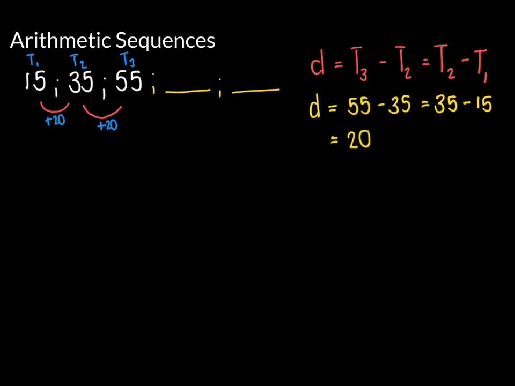So in order for us to figure out how much she cycled on day 4, on T4, and on T5, we just have to add 20 kilometers to each of these. So 55 plus 20 is going to give us 75, and 75 plus 20 is going to give us 95.